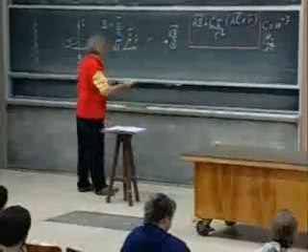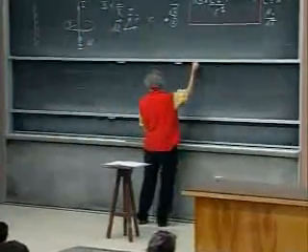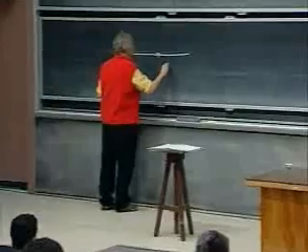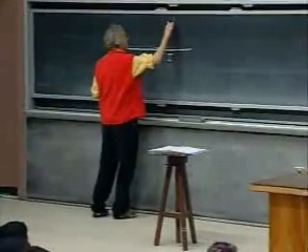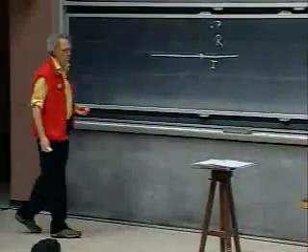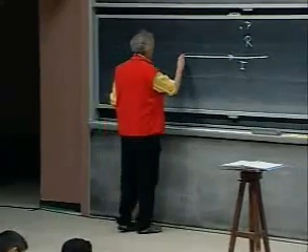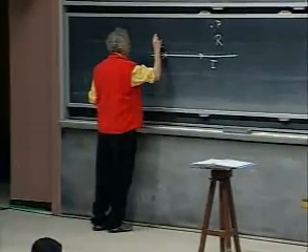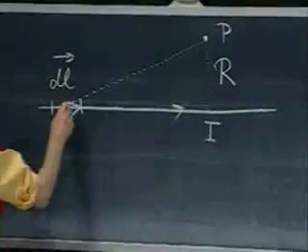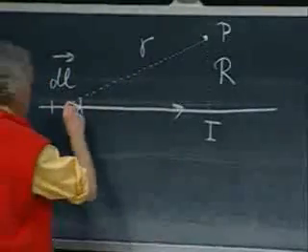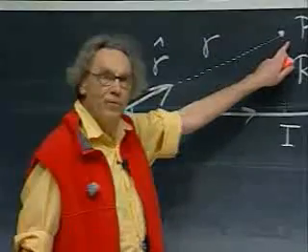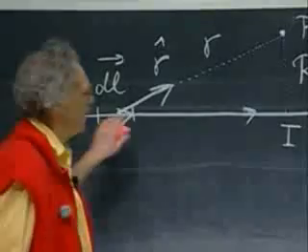So now you can apply Biot-Savart's law, and you can go to a straight wire, and you have a current I, and suppose you want to know what the magnetic field at that location P is at a distance capital R. And so what you now have to do is you carve this up in an infinite number of small elements dl, and this distance is r, and the unit vector is then like so, and you calculate the small amount of magnetic field due to this little element, and you integrate this over the whole wire.